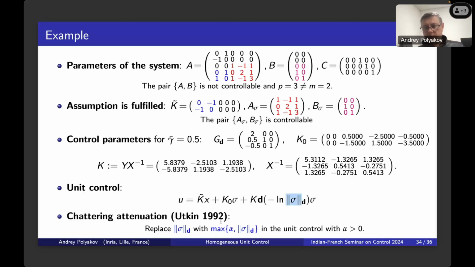It's a usual trick in sliding mode control theory. Here I give just a reference to the book of Professor Roorkee, where you can find these tricks, but I think everybody working with sliding mode knows this trick for practical implementation.